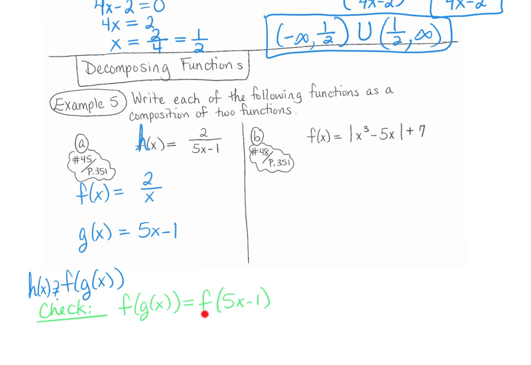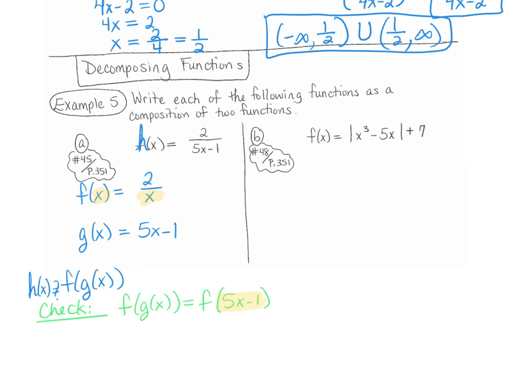So whenever we find f of 5x minus 1, this 5x minus 1 is not what we're plugging into. This 5x minus 1 is what we're plugging into x here in our function f.